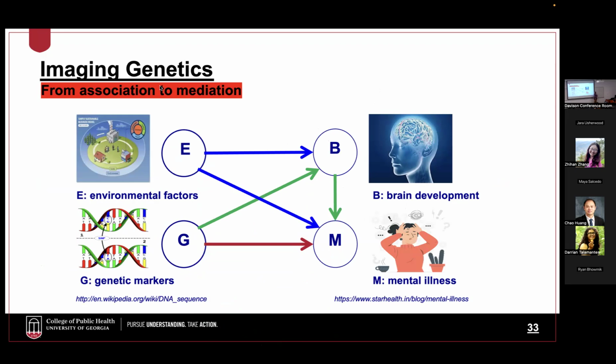Typically, we have a direct effect from the genetic markers on mental illness, but we also find a potential pathway: the genetic markers affect our brain structures, and then consequently affect the patient's mental health status. So we want to identify these potential pathways from genetic markers to mental health status through brain structures. Okay.